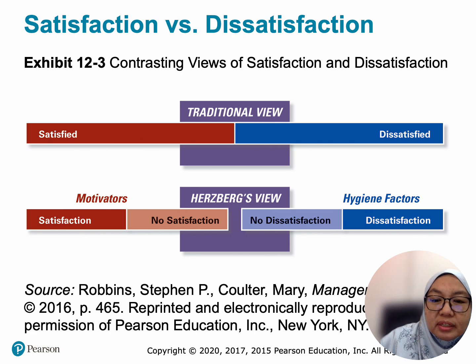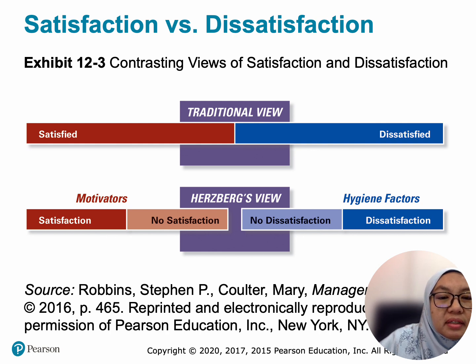So as shown here, in Exhibit 12.3, Herzberg proposes that a dual continuum existed. The opposite of satisfaction is no satisfaction, and the opposite of dissatisfaction is no dissatisfaction. It's not satisfaction and dissatisfaction.